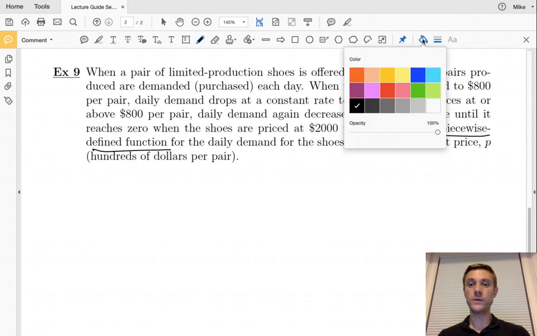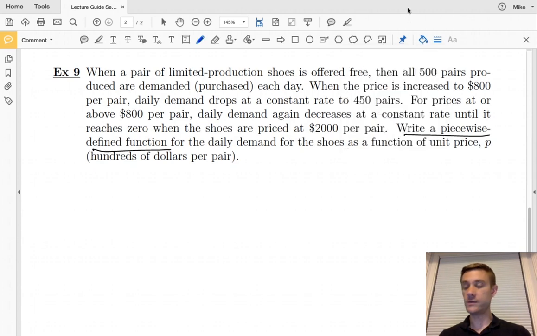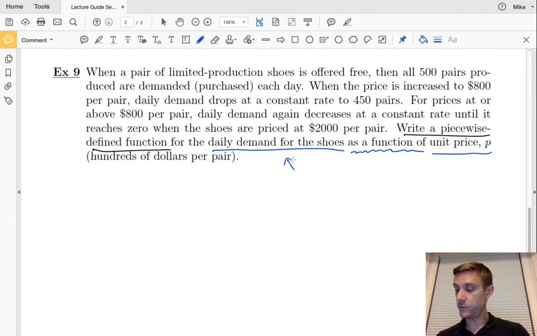So we'll do that usual strategy where we look at this phrase and see daily demand for shoes, and then here's this little connector, as a function of, and then unit price. Remember, this is a helpful little tidbit: every time we see the phrase blank as a function of blank, we're talking about the output in the beginning and the input as the last quantity being measured here.